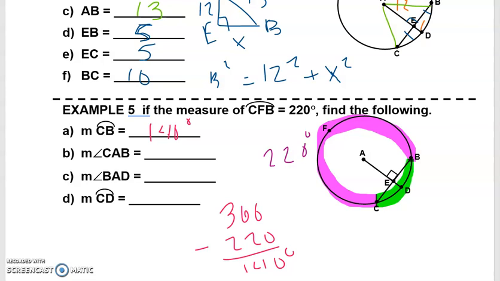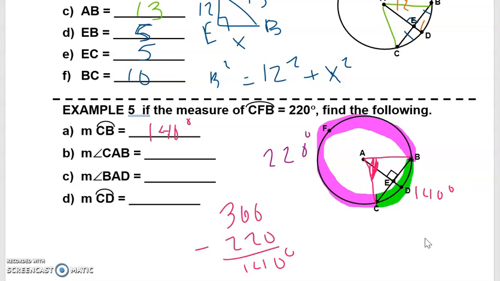Find the measure of angle CAB. So starting at C to A to B, it wants to know this angle. So you're probably like, well, how do we even find that? We found arc CB was 140. So this is what's called a central angle, and it has the same degree as the arc does.